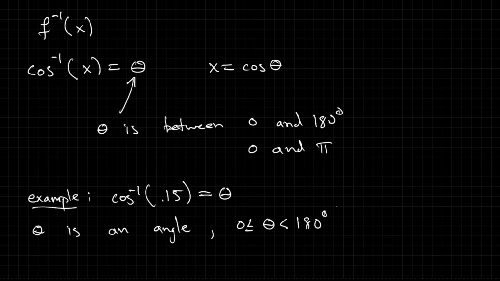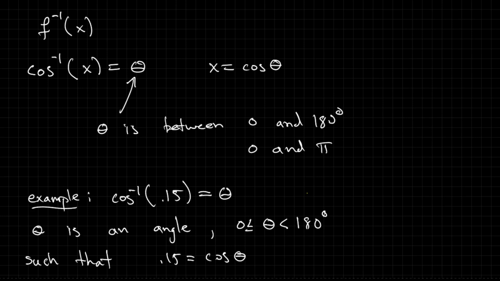Again, don't worry too much about these details, just know that cosine inverse of 0.15 is going to give you an angle theta between 0 and 180 degrees such that 0.15 equals cosine theta.